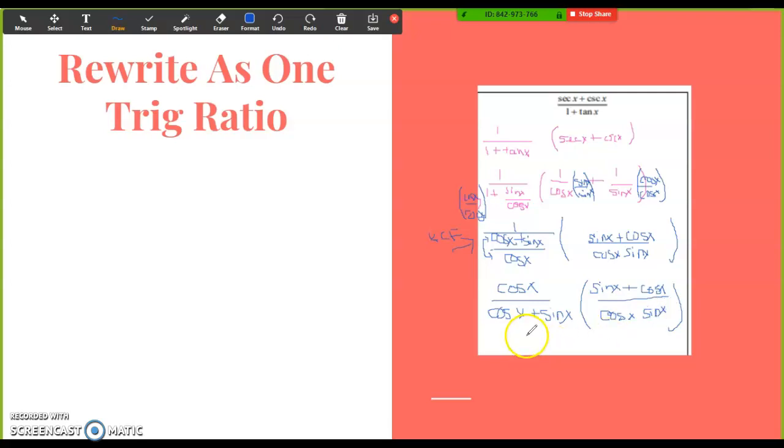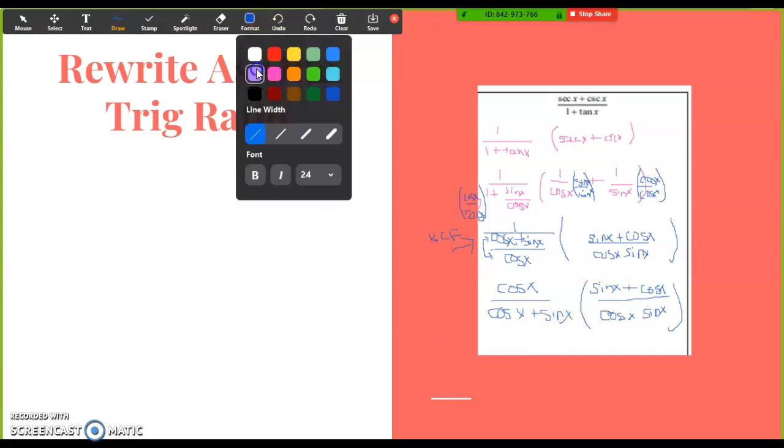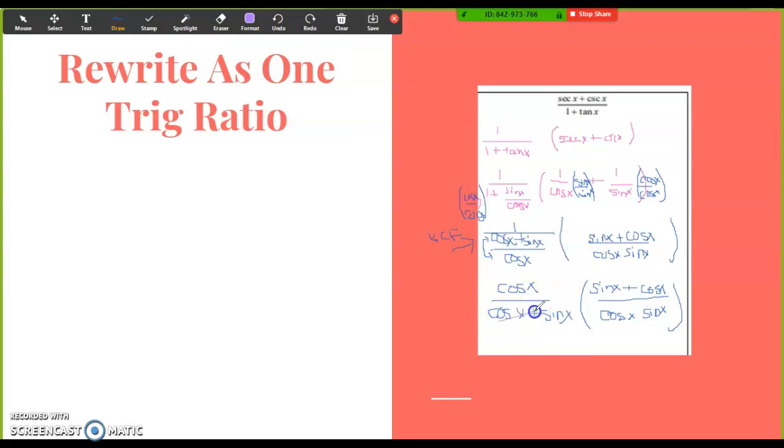Okay, let's see what we're left with. Well, to the left right here, we notice these will cancel. Okay, so this cosine of x plus sine of x cancels out. Over here, what we're left with is cosine of x's canceling out, right?